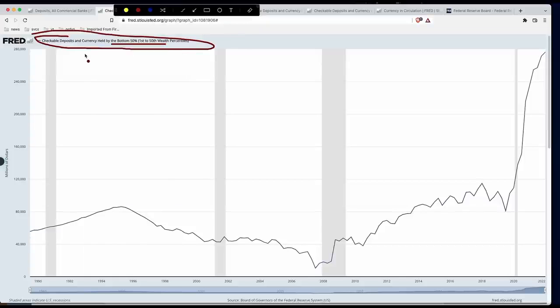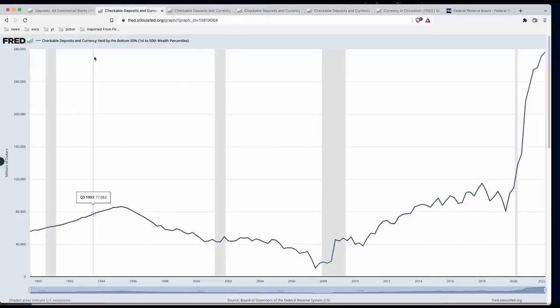By wealth. And you can think of this graph, and the graphs I'm showing you, as checkable deposits, because of that $4 trillion increase, the currency increase was really about $200 billion. So you can sort of cast that aside and just consider this a graph of checkable deposits.